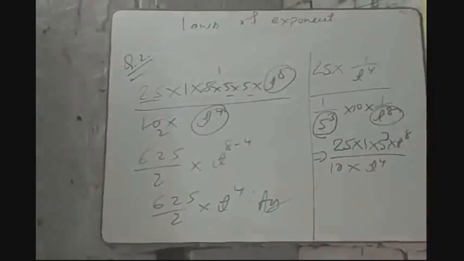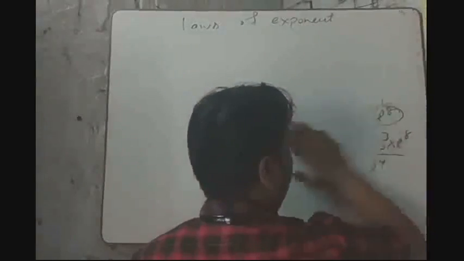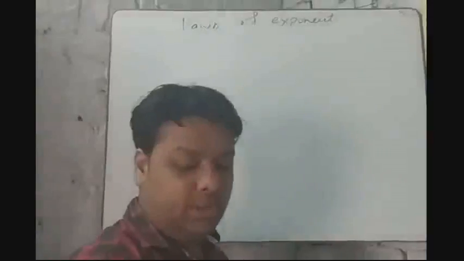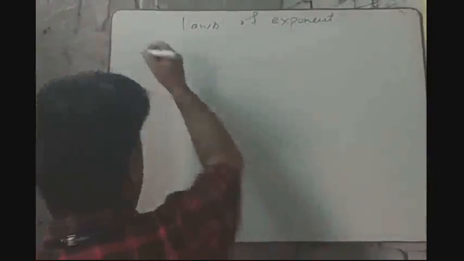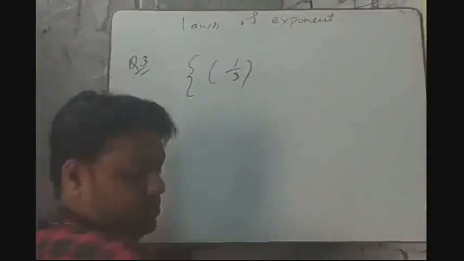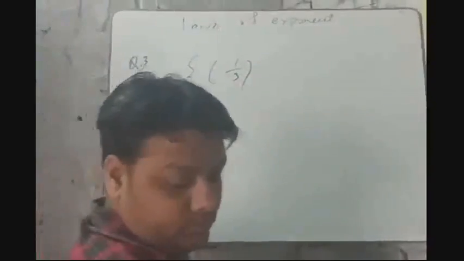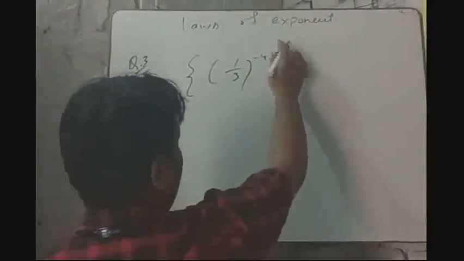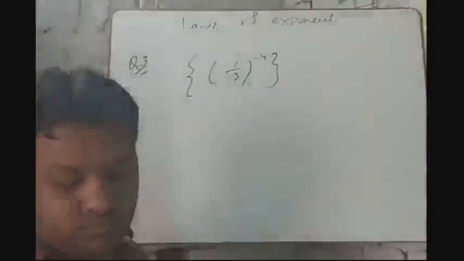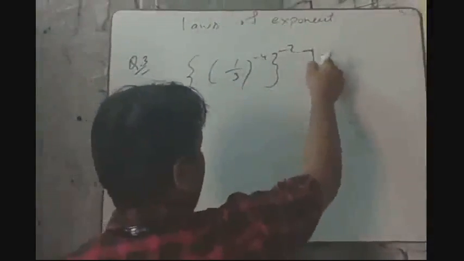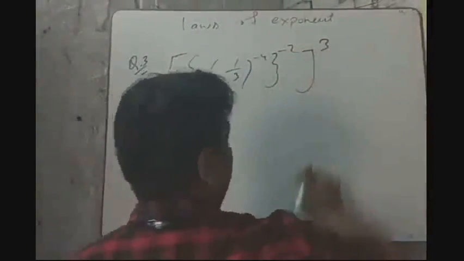Now students, let's see some more examples which will clear all your doubts about laws of exponent. Okay. So now third example I am showing you. That is, if the question is middle bracket 1 by 3 to the power minus 4 and to the power minus 2, the big bracket to the power 3, then what will we do?